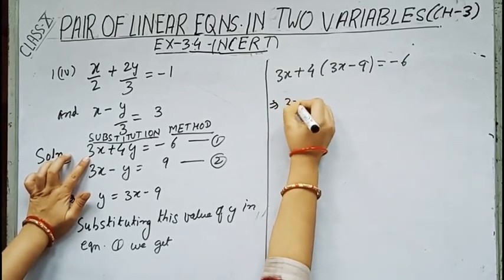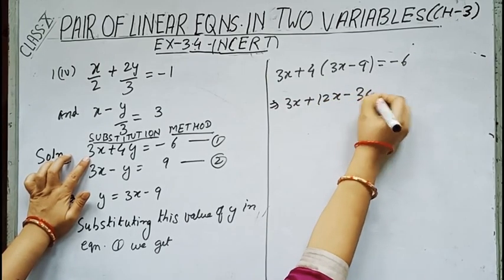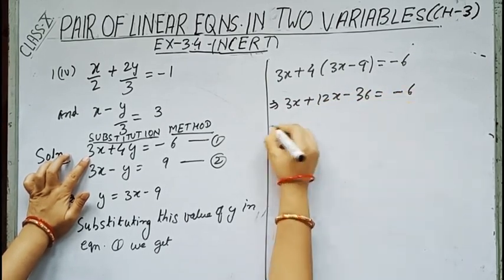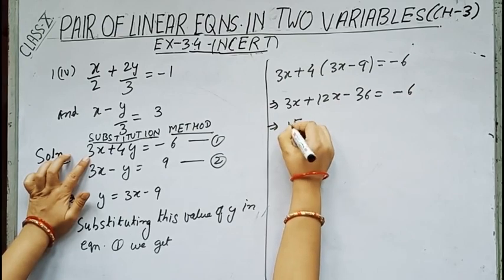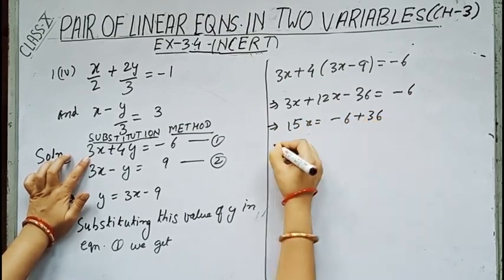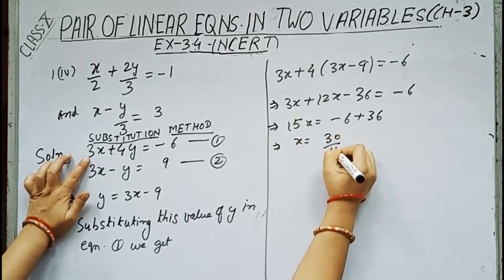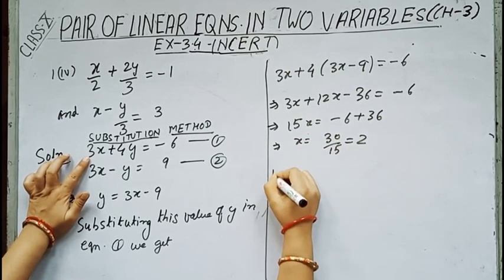This implies 3x plus 12x minus 36 equals minus 6. This implies 15x equals minus 6 plus 36. This implies x equals 30 by 15 equals 2.